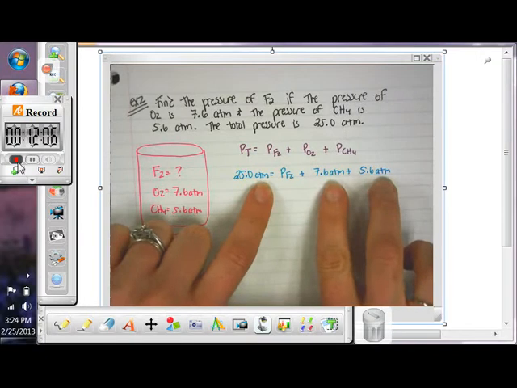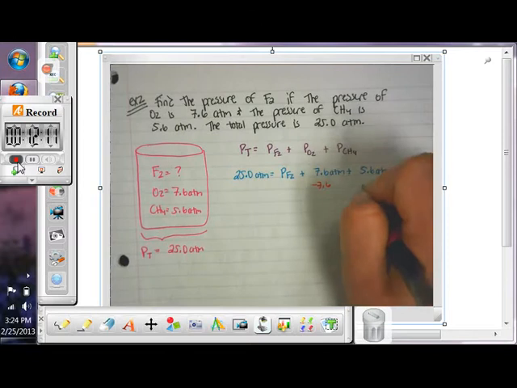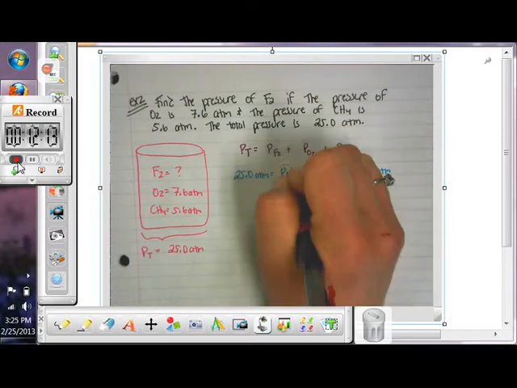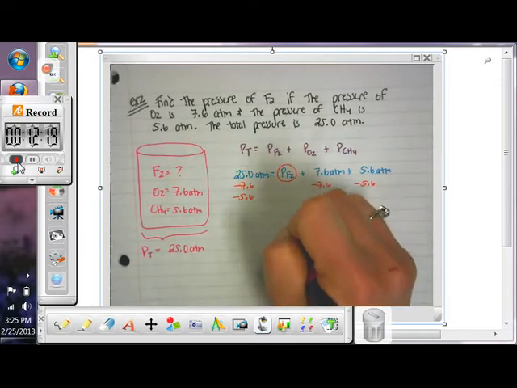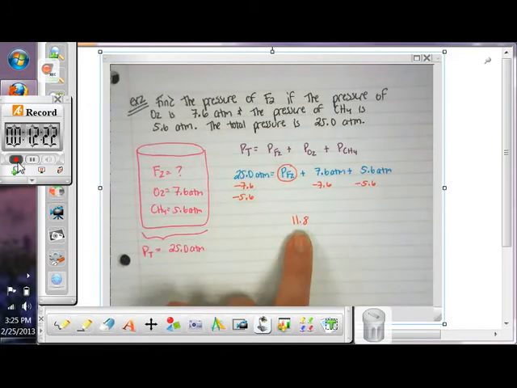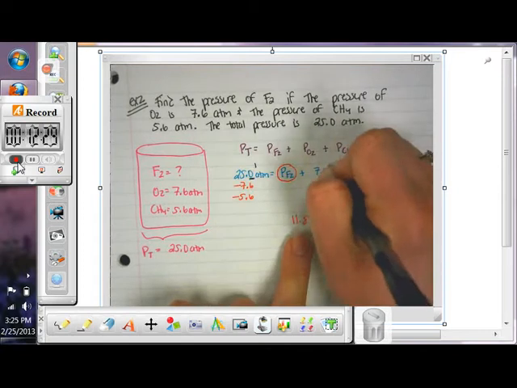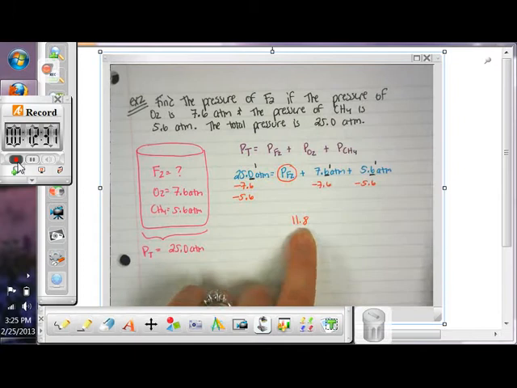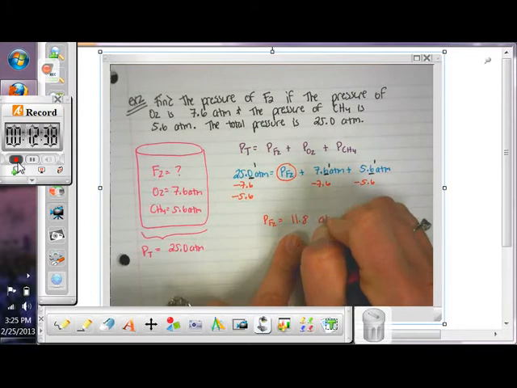So all I need to do is subtract 7.6 and 5.6 to solve for pressure of F2. Now my calculator spits out 11.8, and I need to look at sig figs. For addition and subtraction, you look at decimal places. 1 decimal place, 1 decimal place, 1 decimal place. Answer has 1 decimal place, so we're good to go. So the pressure of F2 equals 11.8 atm.